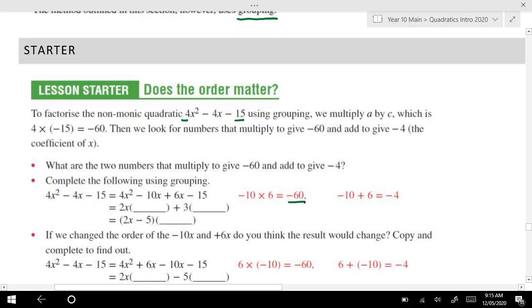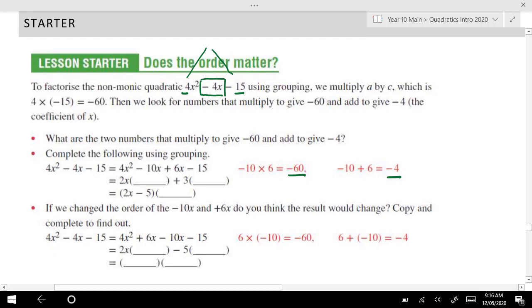We want two numbers which multiply to give that, but they also add to give still this middle value, this minus 4, the coefficient of x. So they multiply to give the product of a and c, the first coefficient and the constant term. So 4 times minus 15 is minus 60.